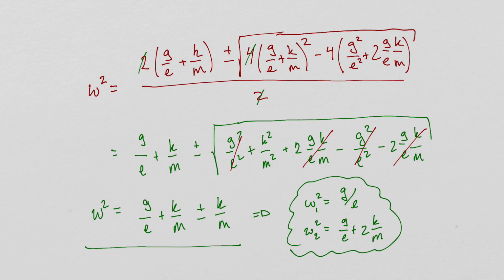No matter how I rearrange 2 pieces of information, I'm probably going to end up with 2 pieces of information. And this sort of reinforces that. And those 2 pieces of information have an omega associated with them. And those omega squareds are given by the constants of the things in the problem: g over L and g over L plus 2k over m.